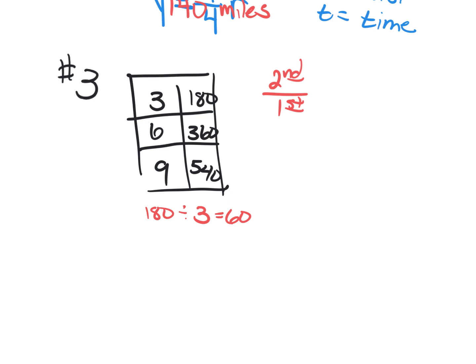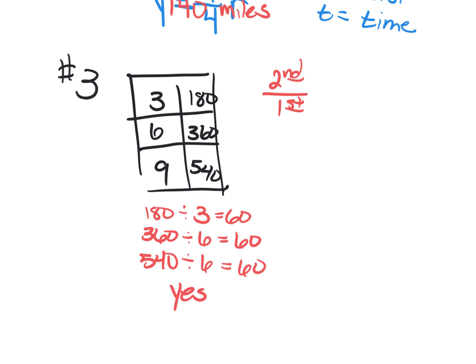Then we move on to the next one. 360 divided by 6, we get 60. And the last one, 540 divided by 9, we get 60. So we divide them all, second column divided by first column, and we all get 60. Because they are all the same, the answer is yes.